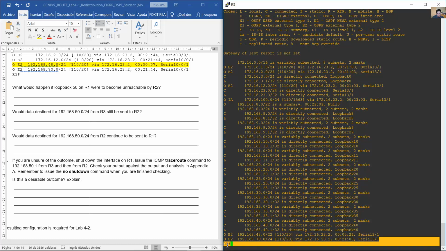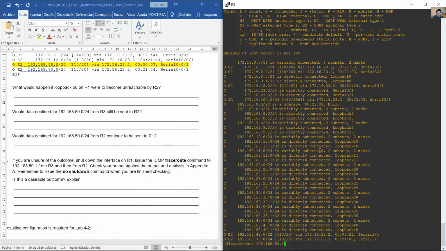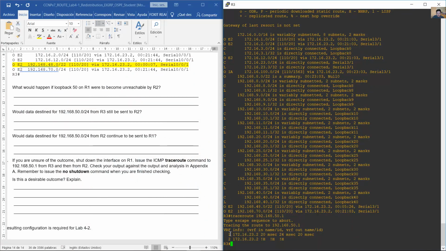Okay, and from R3 use traceroute to 192.168.50.1. From R3, traceroute to loopback 50, enter. This is the R2 router, the serial interface on the R2 router, but the destination IP address is not reachable.